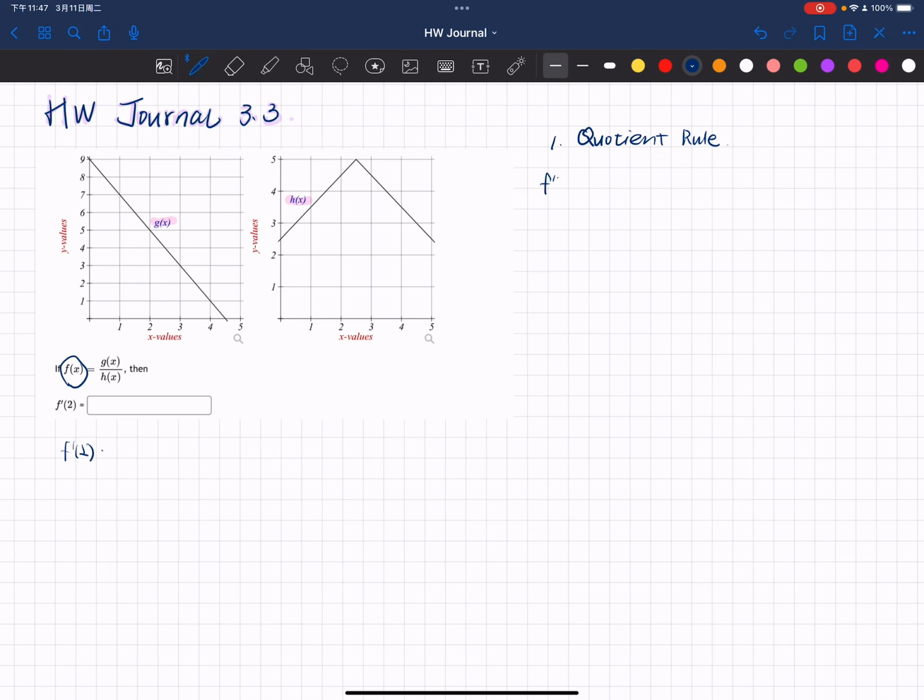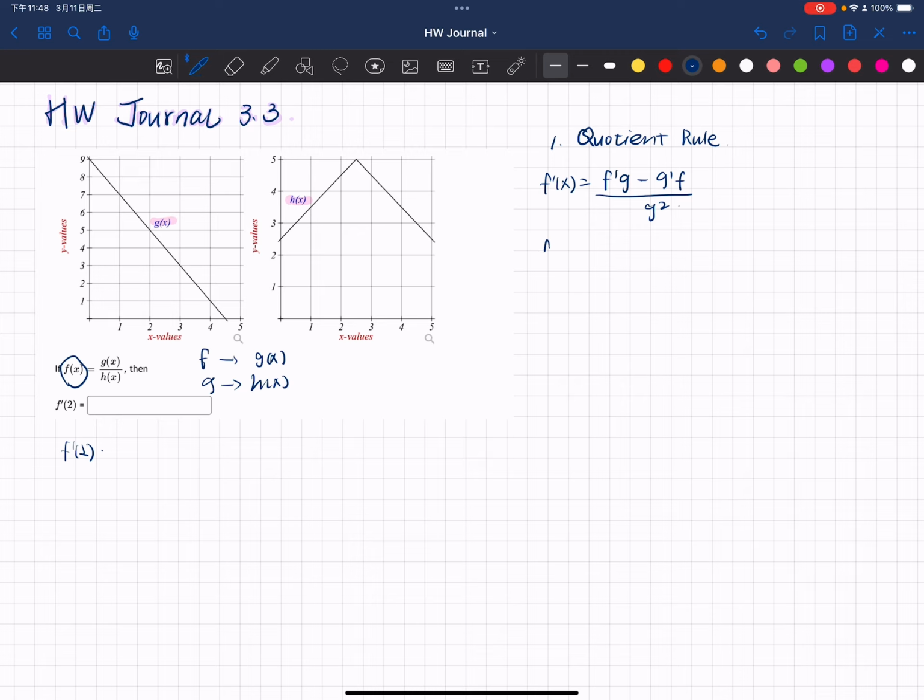So f prime of x equals f prime g minus g prime f over g squared. In this case, the labeling is a little bit different. For clarification, g of x is f of x in this case, and g is the h of x in this case.